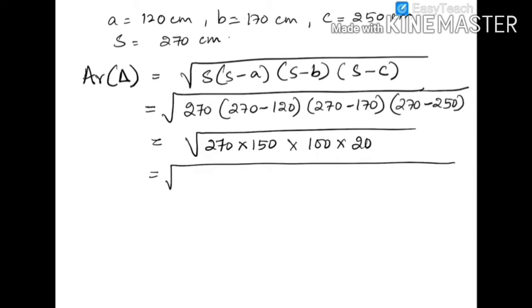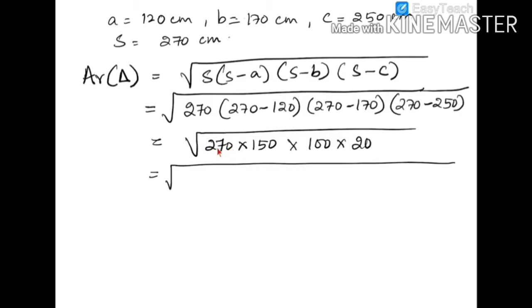Now factorize these numbers. Now it is not necessary to always get prime factors. You can find factors which are identical even if they are not prime factors. For example, here we can find 10, 10, 10 and 10. So let's write down. We can write 270 as 27 into 10.